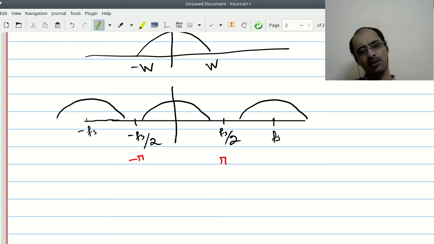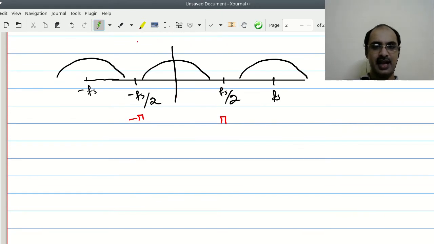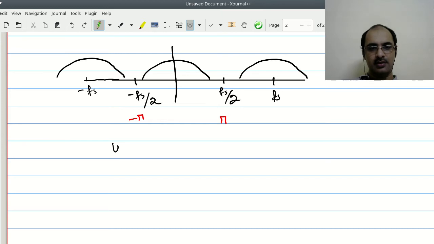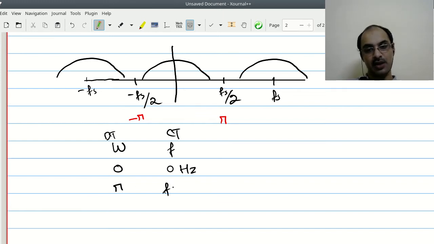What does it mean? Let's say that small omega is the discrete time frequency and f is the continuous time frequency. 0 corresponds to 0 hertz. Pi corresponds to fs by 2.